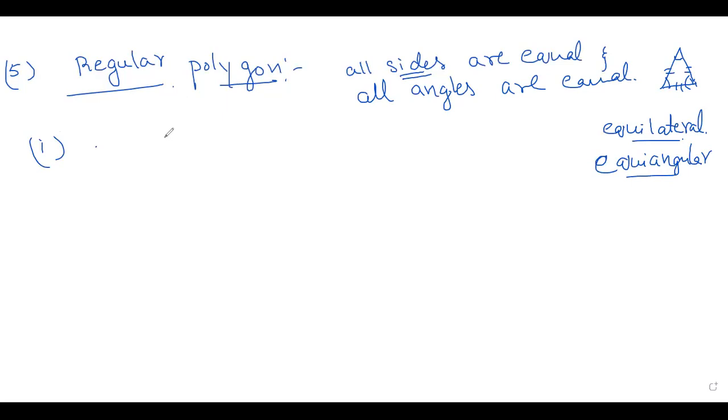Now, what is the first question in that? State the name of the regular polygon of 3 sides. So which is the regular polygon with 3 sides? You know that if all the 3 sides are equal, and all the angles are equal, we call it an equilateral triangle.